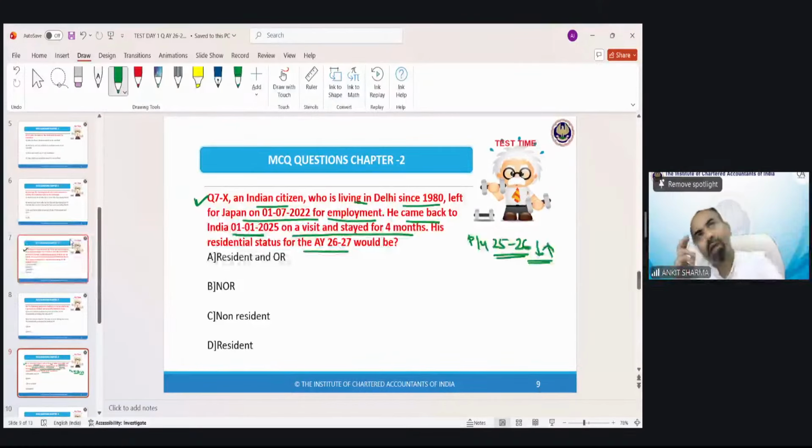So first of all, you have to see what is happening in 25-26. What is the scenario? If somebody is coming for visit, somebody is resident, non-resident, citizen, non-citizen, PIO, not PIO, etc. Whether he falls in a special condition or not. What is happening in previous year 25-26, that matters. So you have to see whether Mr. X does fall in a special condition or not.